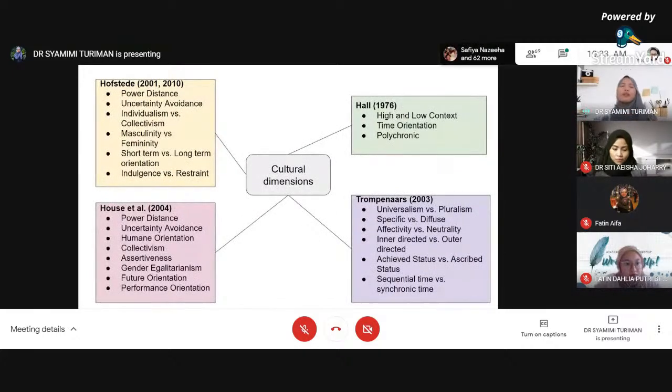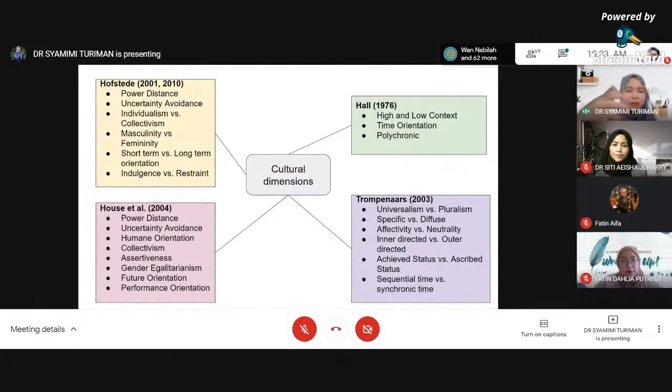Perhaps I hope it's okay that I'm using something that is more culturally or interculturally related here. When we talk about cultural dimensions, I'm not sure if you have this in the LG243 curriculum, but if you are studying intercultural, then perhaps these names would be familiar to you.